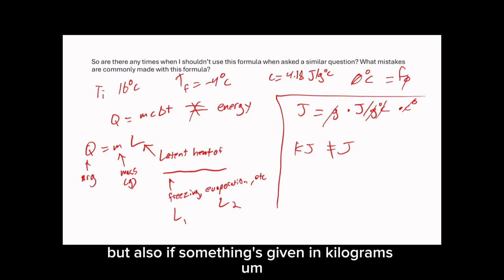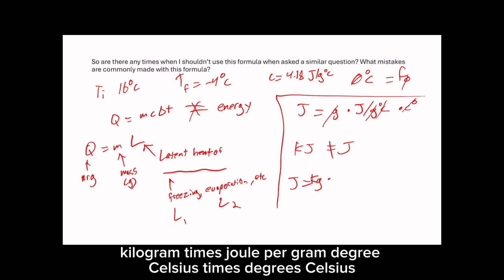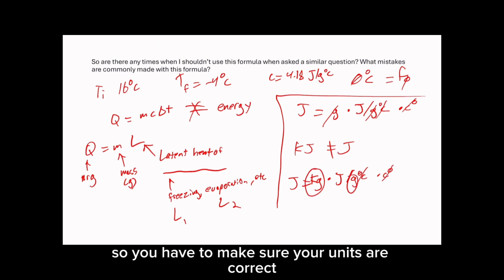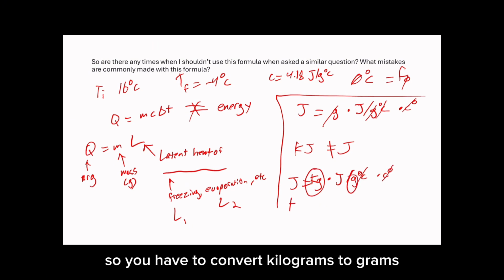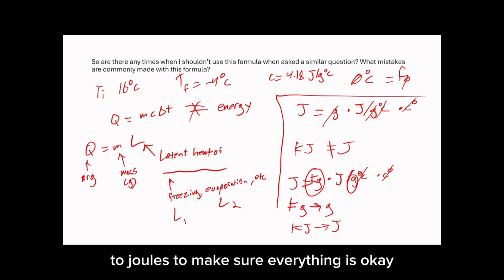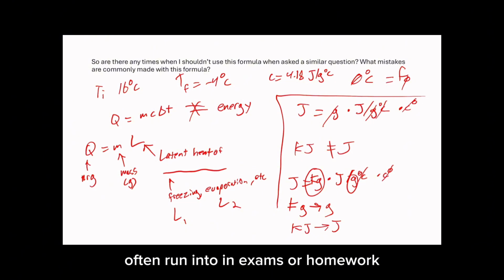Also if something's given in kilograms, kilogram times joule per gram degrees Celsius times degrees Celsius, these cancel out, these don't. So you have to make sure your units are correct. You have to convert kilograms to grams, and kilojoules to joules to make sure everything's okay. These are the most common issues that students often run into in exams or homework.